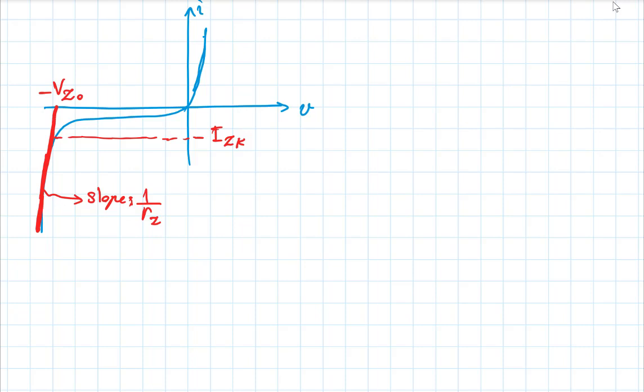Okay, as long as you are here, you're in good shape. Now, you also don't want to exceed the maximum that the diode can handle, because beyond a certain amount of current, the power dissipation will be too much for it, and it will be destroyed. So you want to stay in the highlighted region.